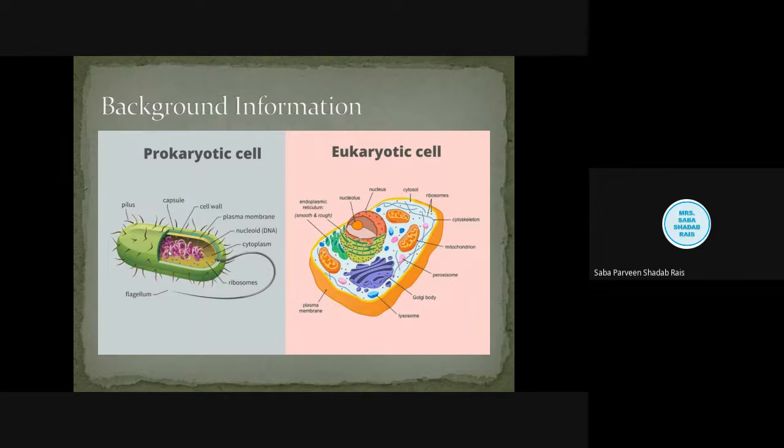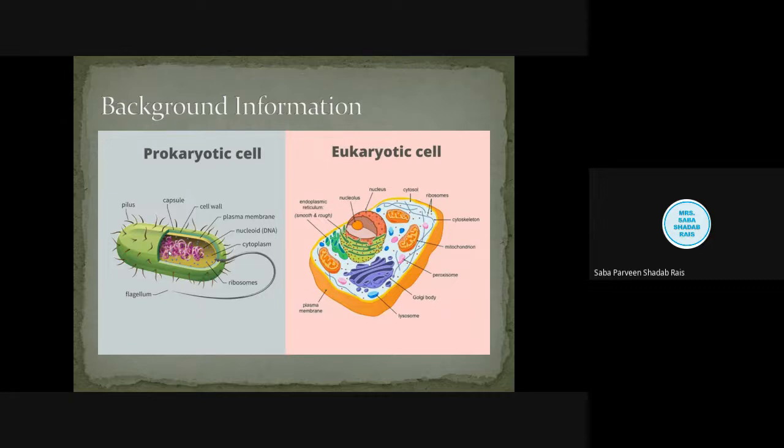When we talk about the eukaryotic cells, they are present in the higher organisms. The prokaryotes are unicellular small organisms, and eukaryotic cells are usually present in multicellular organisms, and unicellular also.